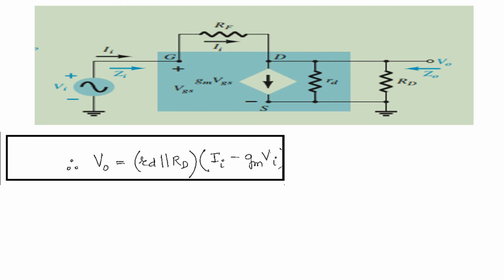We will find the output voltage now. Output voltage Vo is equal to the resistive component, small rd parallel capital RD, times the current flowing out of the output terminal, Ii minus gm Vi. In fact, in this case the current is flowing into the output terminal, so a positive sign comes here.